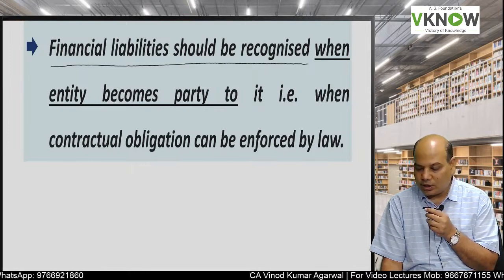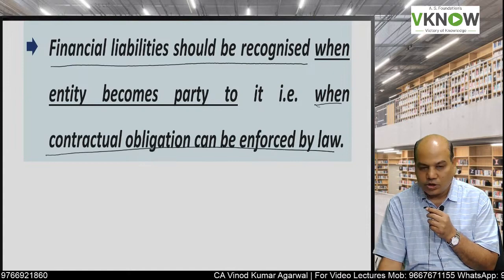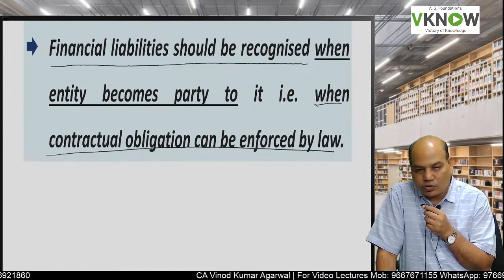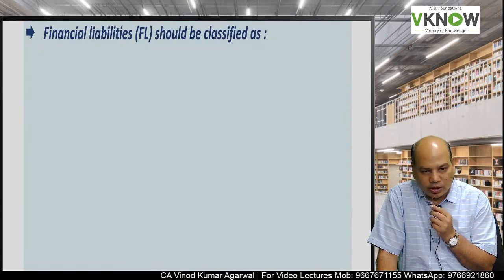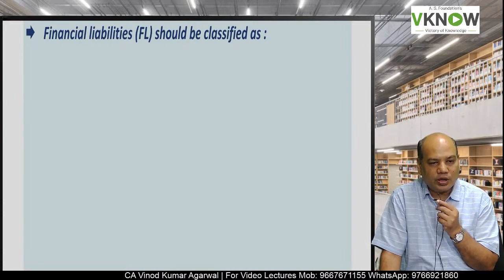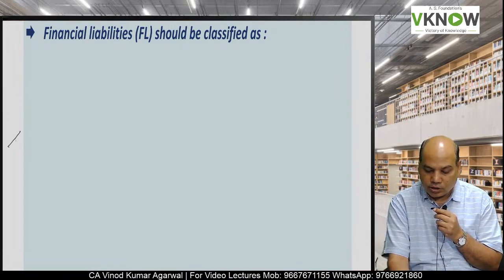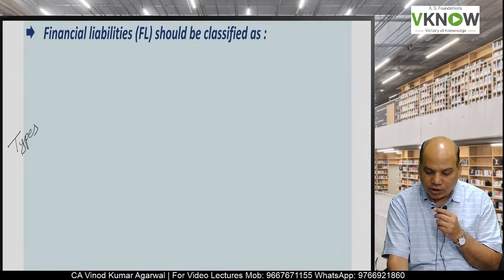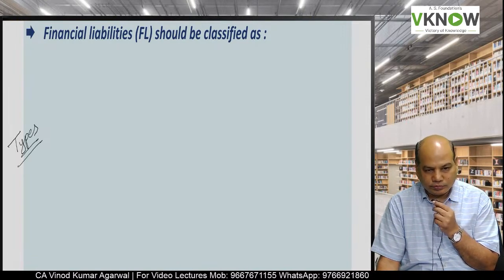When the entity becomes party to it means when the contractual obligation can be enforced by the law. So when the entity becomes party to a contract, then financial liability is recorded in the books of account.